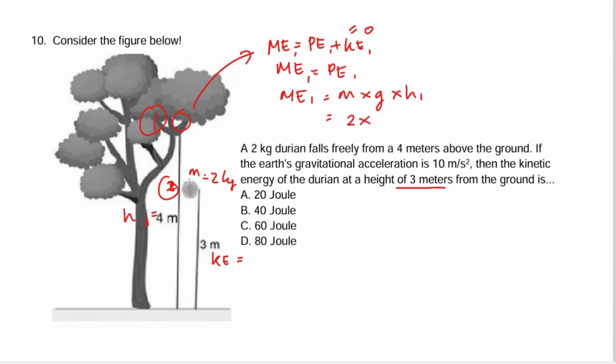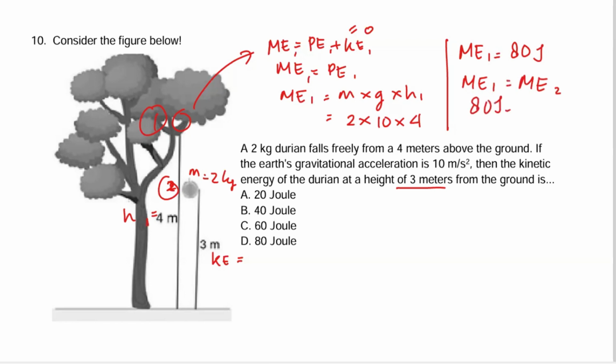So it's 2 times the gravity 10 times the H 4. So ME1 equals 2 times 10 times 4, so it's 80 joules. And the thing we need to know is that the ME is always the same wherever it is. So the ME at position 1 will be equal to the ME at position 2. So the 80 joules is going to be equal to PE at position 2 plus the KE at position 2.